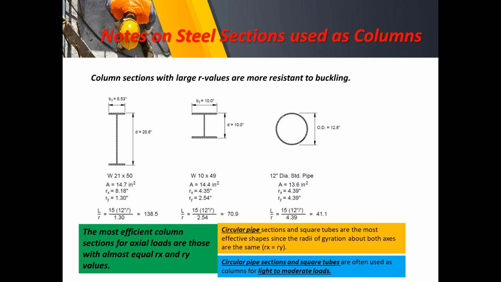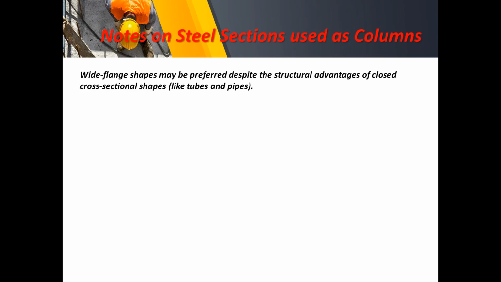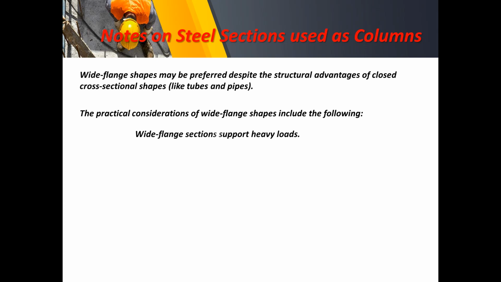Circular pipe sections and square tubes are often used as columns for light to moderate loads. Wide flange shapes may be preferred despite the structural advantages of closed cross-sectional shapes like tubes and pipes. The advantage is that wide flange sections can support heavy loads.